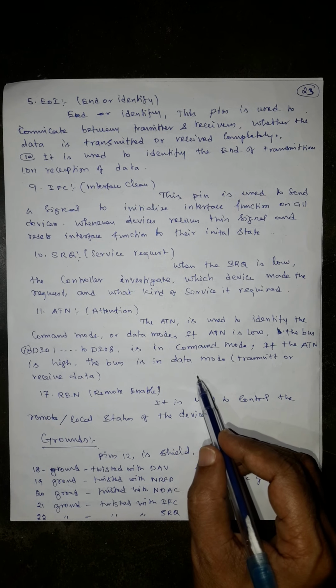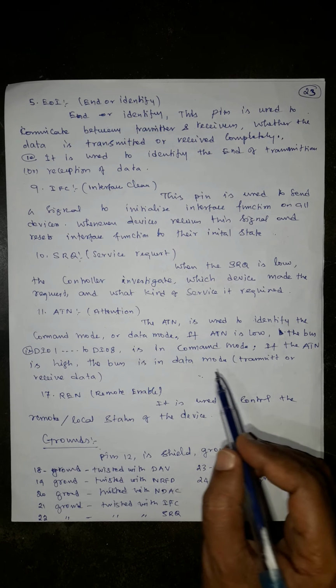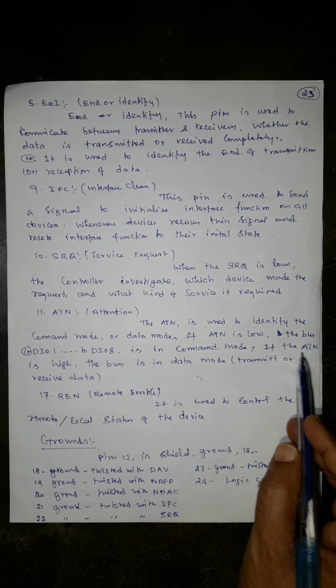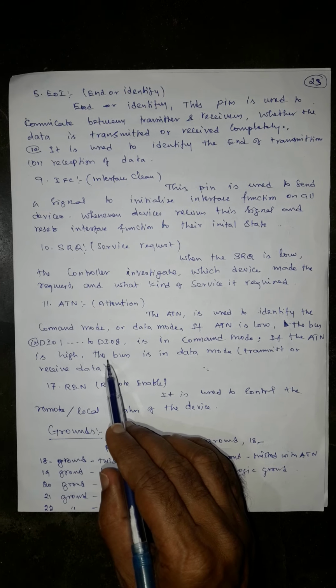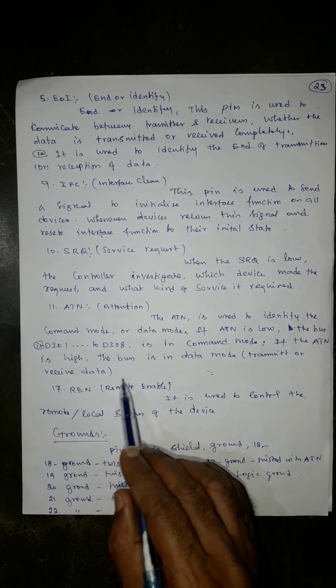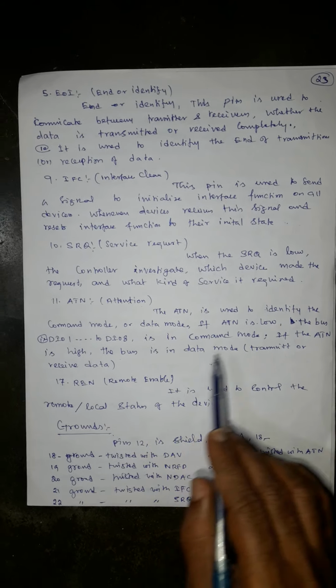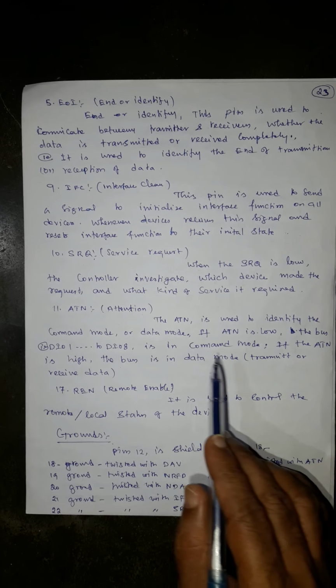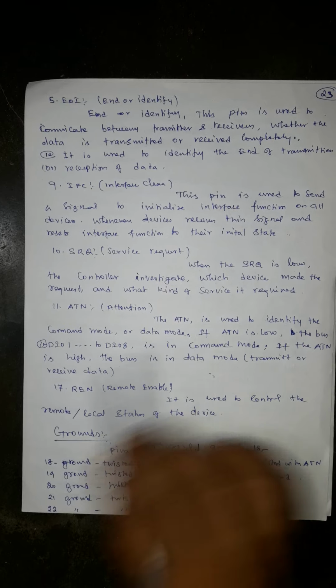If ATN is high, the bus has data. If it is low, it may be an address, a command, or an instruction. That is called command mode.